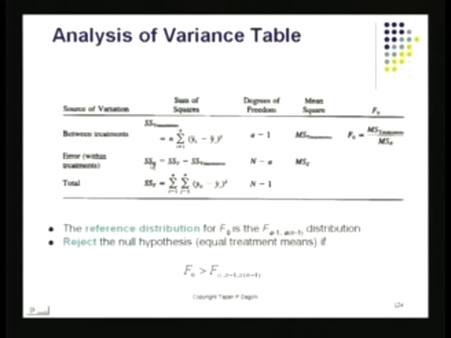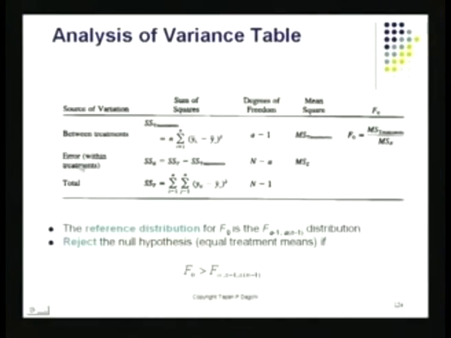Within one treatment, as I go from 1 to n, when I replicate the experiments at the same treatment level, the variation that I ought to see is due to the errors only. And that's what turns out to be here. The error is within treatment. That turns out to be SST, sum of squares total, minus the sum of squares due to treatment. And the corresponding degrees of freedom is shown here.